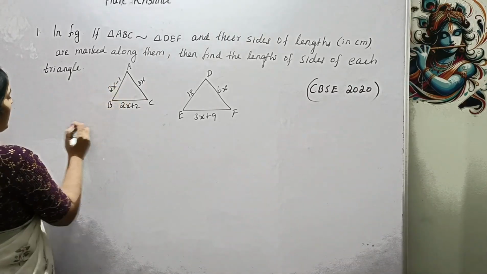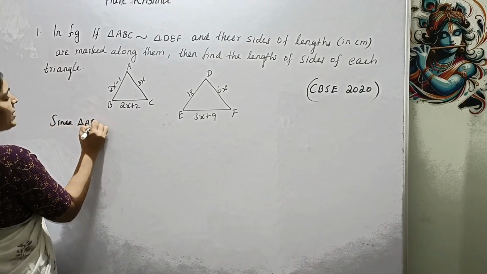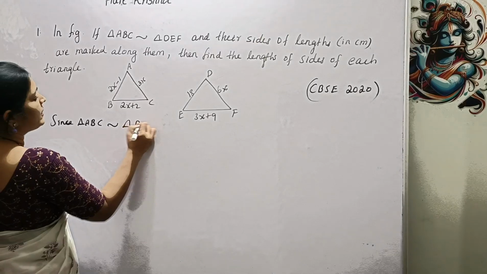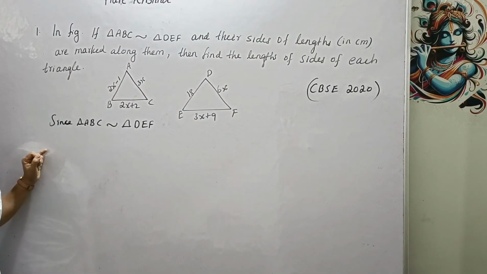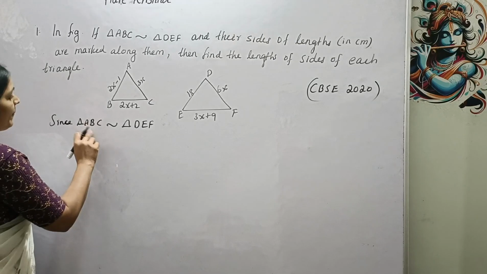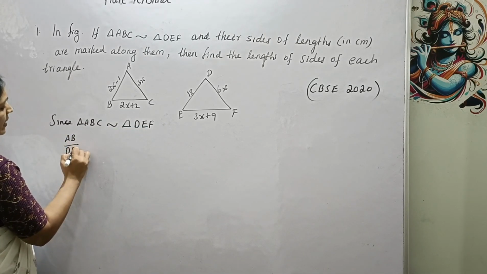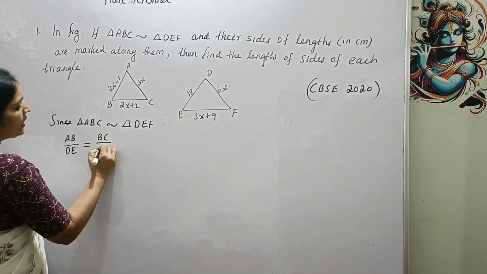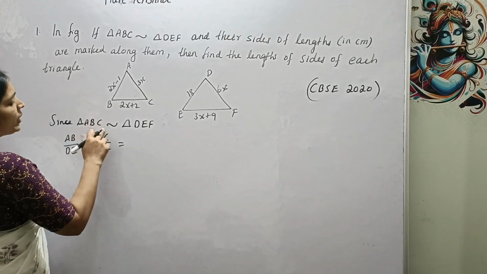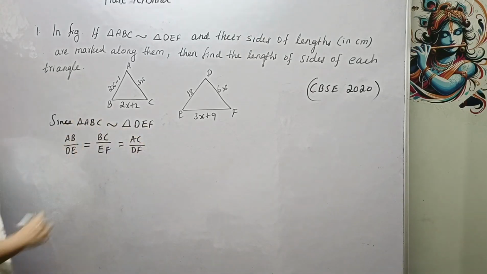So here we can write, since triangle ABC is similar to triangle DEF, their corresponding sides are in the same ratio, that is, AB divided by DE is equal to BC divided by EF is equal to AC divided by DF. Now, let's substitute the values.